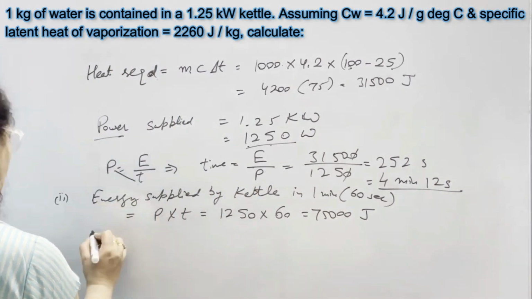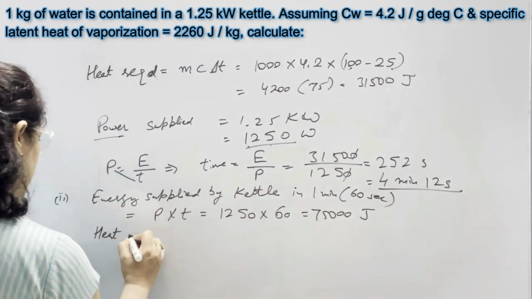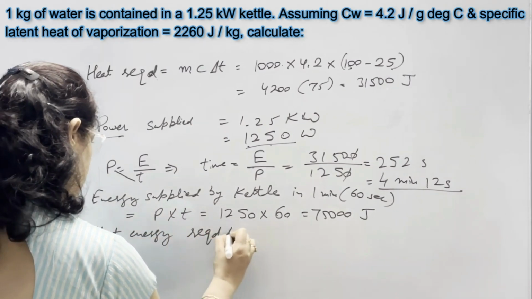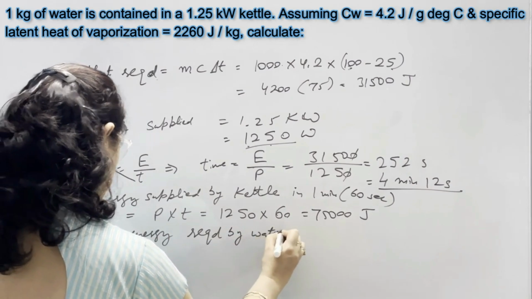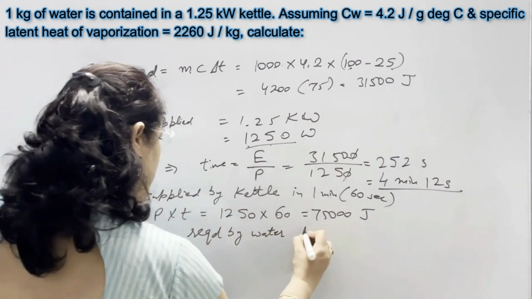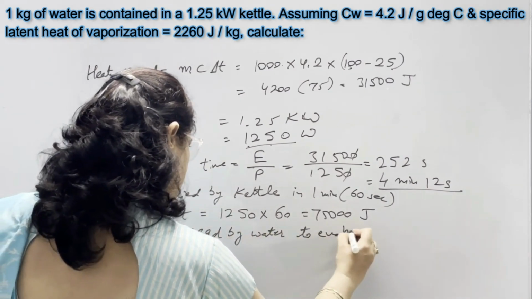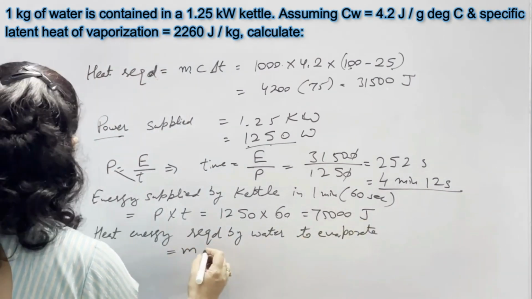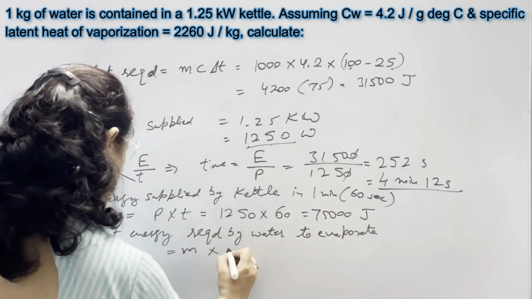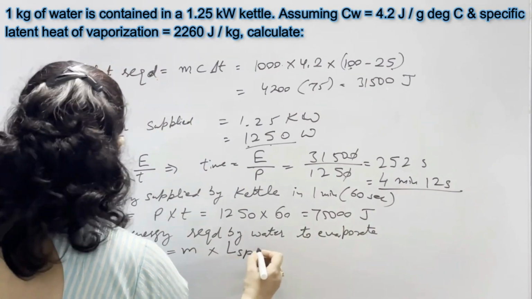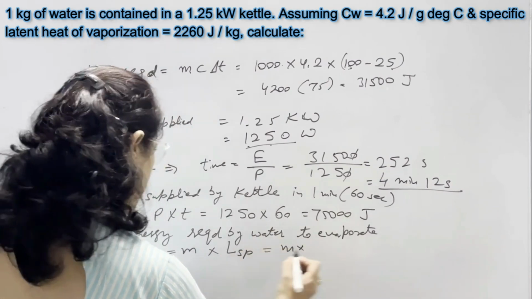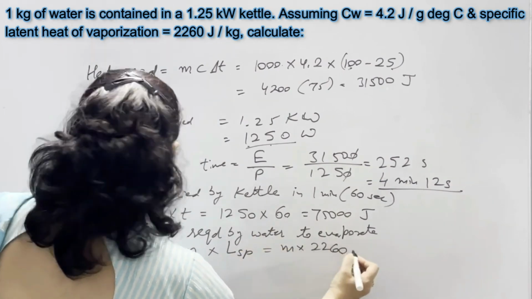Now heat energy required by water to evaporate is equal to m into specific latent heat of vaporization of steam. It means m into this value, which is also given, 2260.